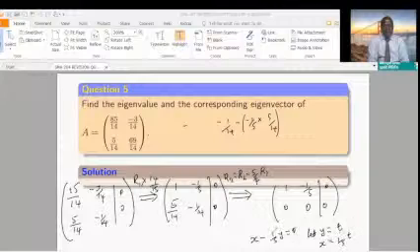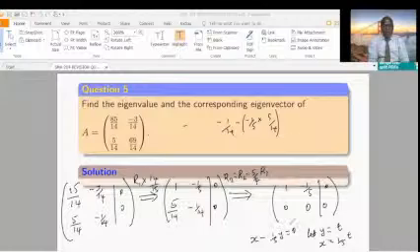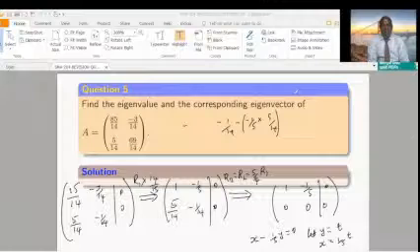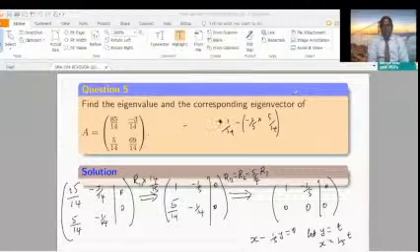Just take this to the other side of the equation, because x is equal to 1 out of 5y, but y is t, so it will be 1 out of 5t. So at this point, we are now in a position to get the eigenvector.